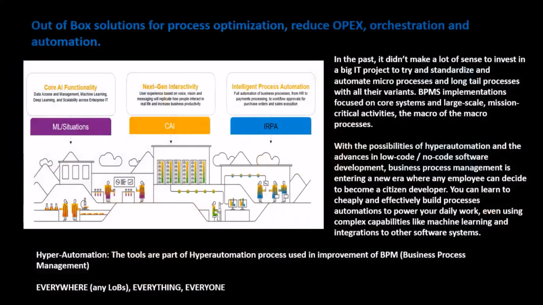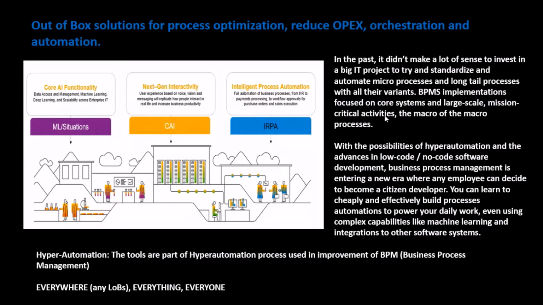Out of the box, for process automation, reducing operation cost or capital expenditure, achieving data orchestration and of course automation, SAP is offering many products. I'll just read this out. These are things we are going to learn in the course: iRPA, artificial intelligence and ML-based services, and of course BTP basics.